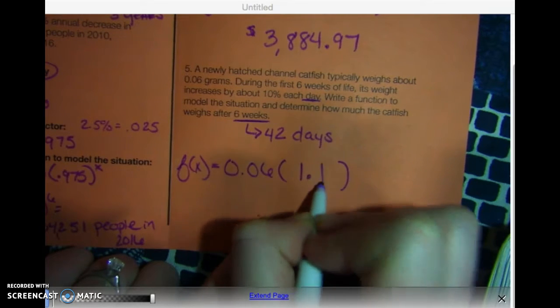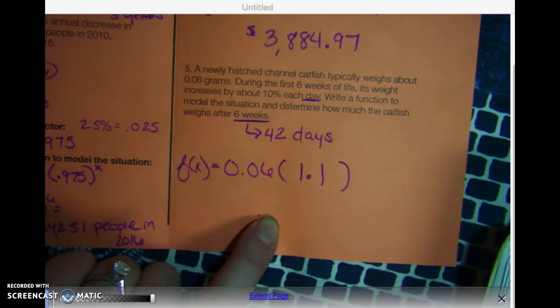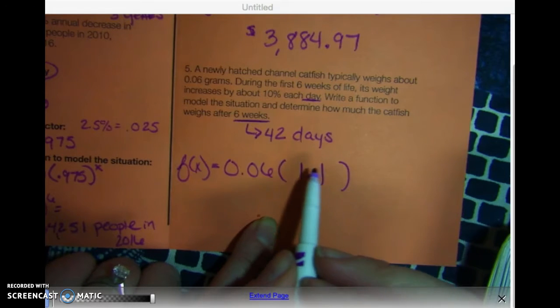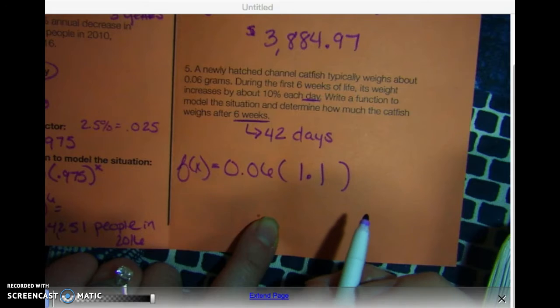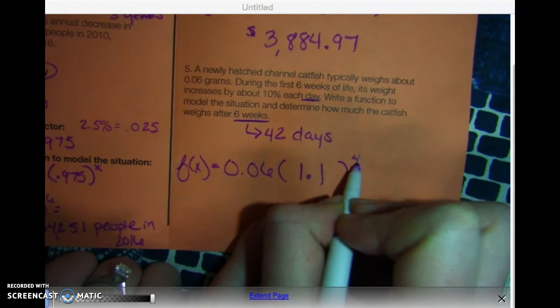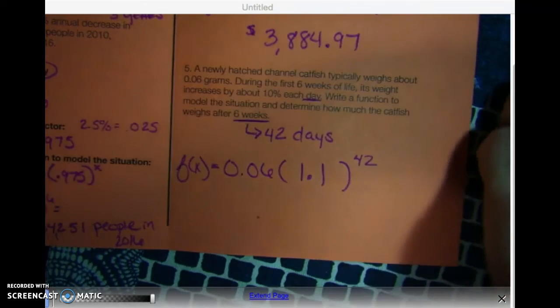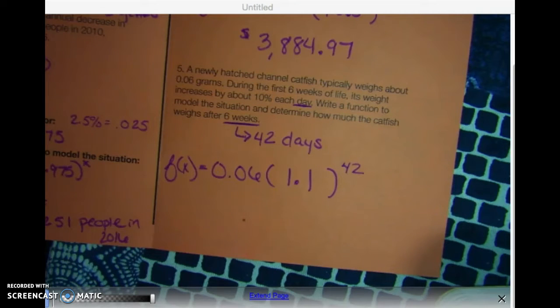Anything start out big and then get smaller as it gets older? I don't think so, right? It's possible, but we'll talk about this. And then what's going to be my exponent? 42.